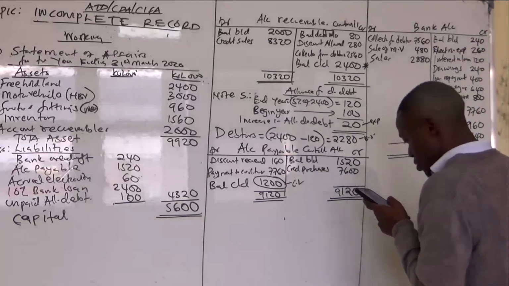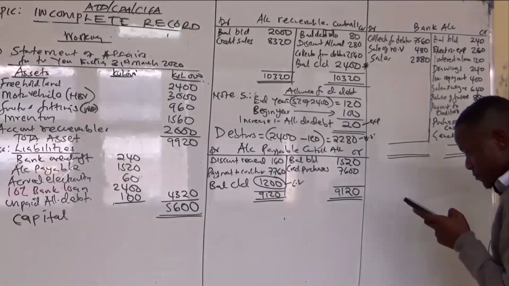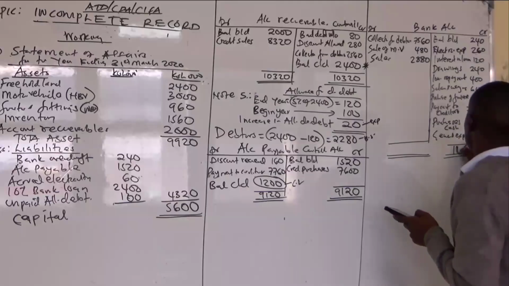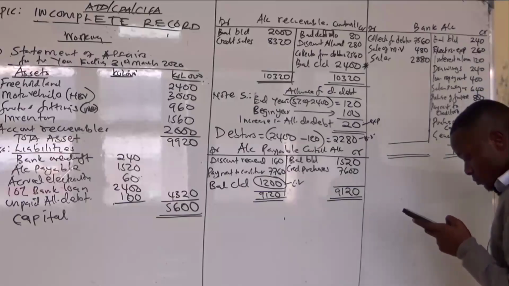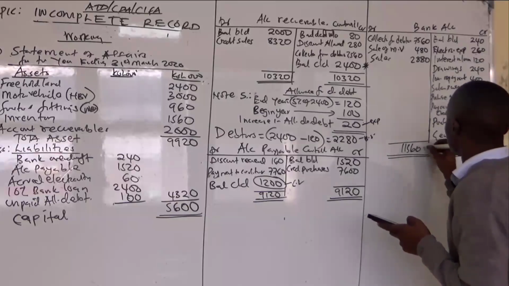Very good. Sasa add 7,560. Unapata ngapi? 11,560. 11,560 minus 3240. Hapa ni 11,560.